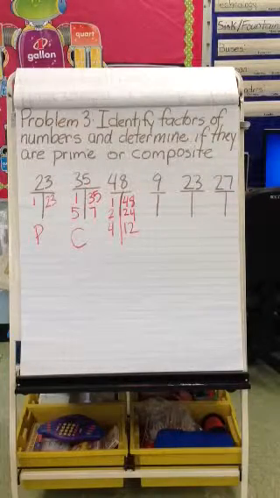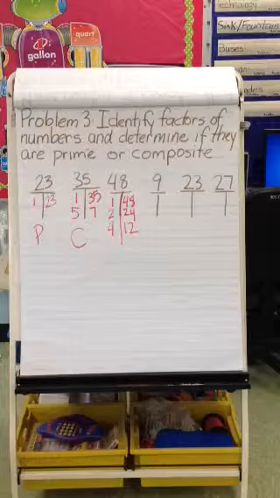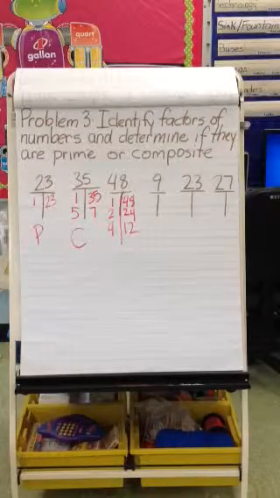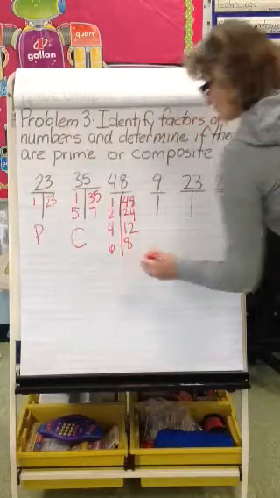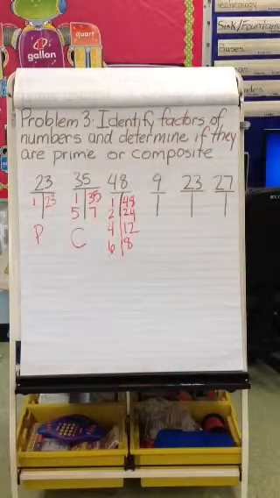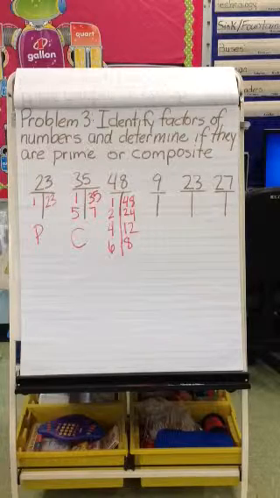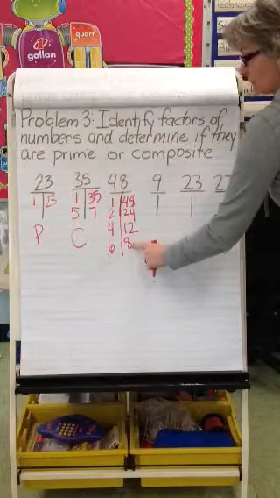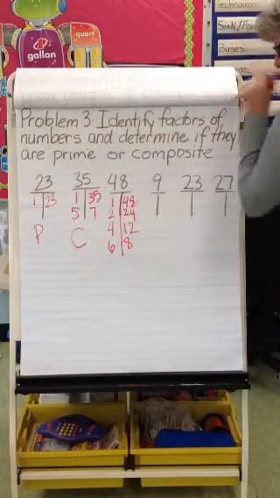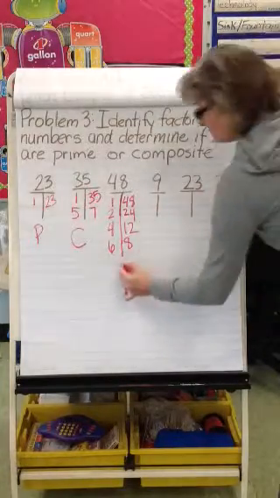Is 5 a factor of 48? No. Is 6 a factor of 48? Yes. 6 times 8. Is 7 a factor of 48? No. Is 8 a factor of 48? Yes. Okay, we're now on to finding numbers on this side, so we're repeating. So 48 is composite.